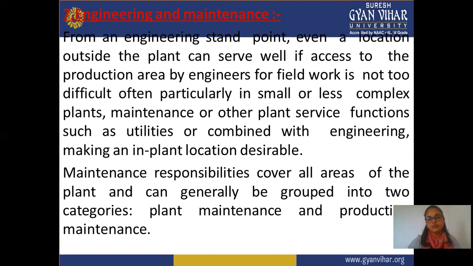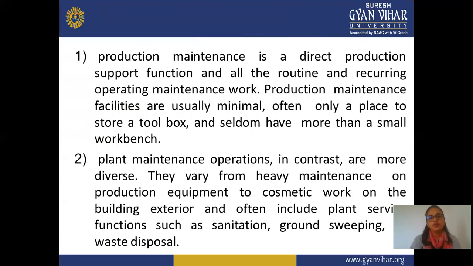Next, the maintenance responsibility covers all areas of the plant and generally can be grouped into two categories: plant maintenance and production maintenance. These are the two categories into which you divide maintenance or engineering. Production maintenance is a direct production support function, and all the integrating operation maintenance work takes place.